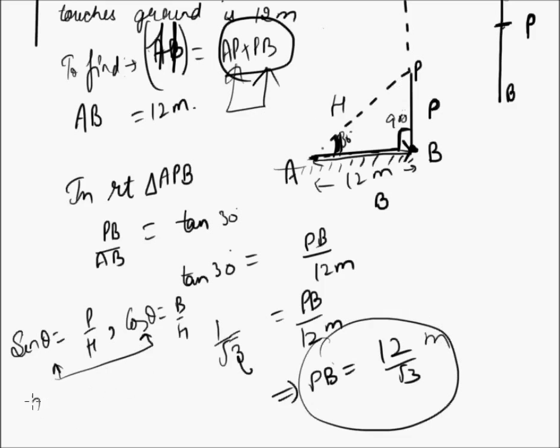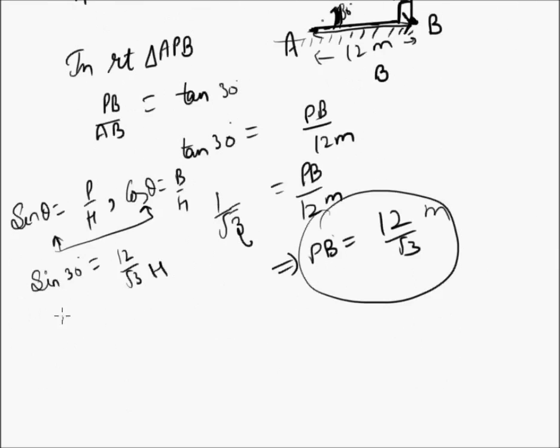So using sine ratios, we have sine 30 degrees equals, friends, what is perpendicular? PB. It is 12 over under root 3, and H we have to find out. Now sine 30 degrees, my dear friends, is 1 by 2. So the condition becomes 12 over under root 3 over H equals this.